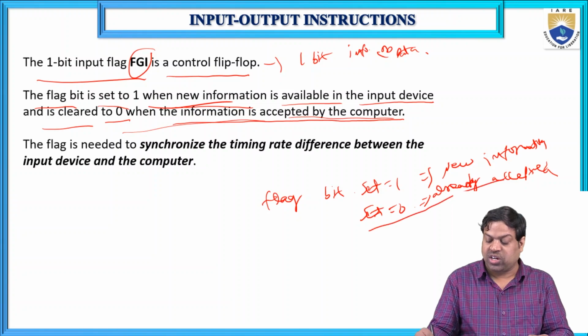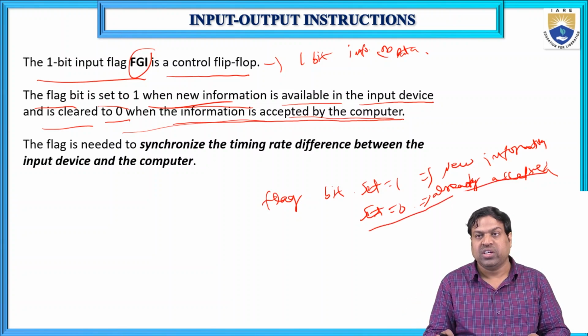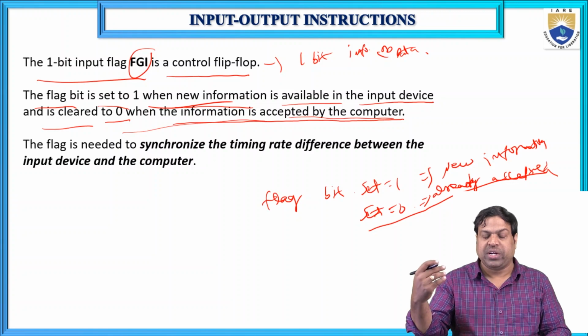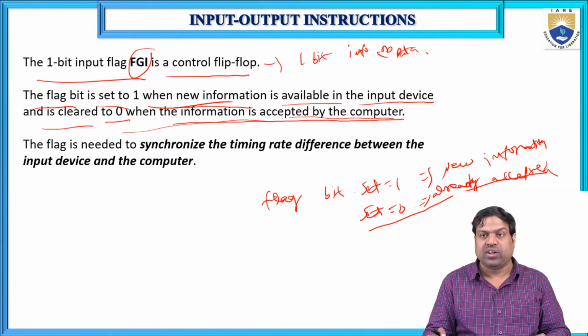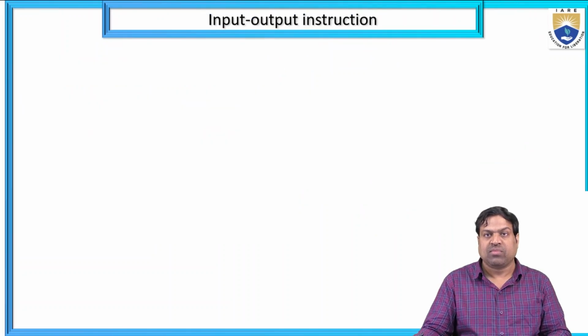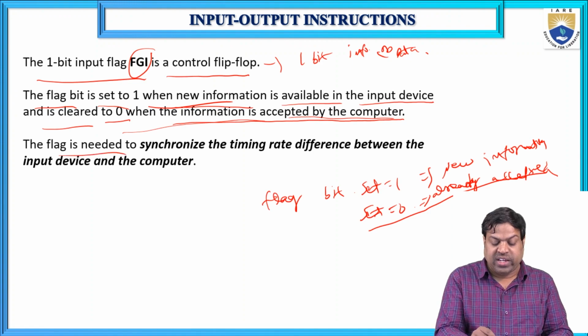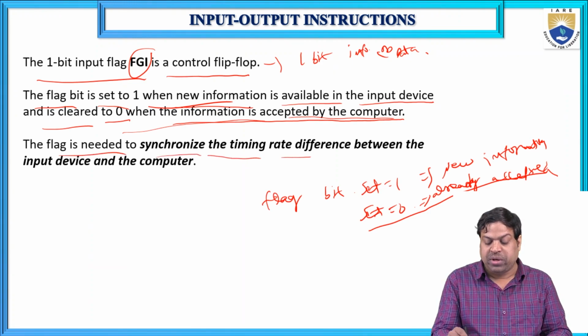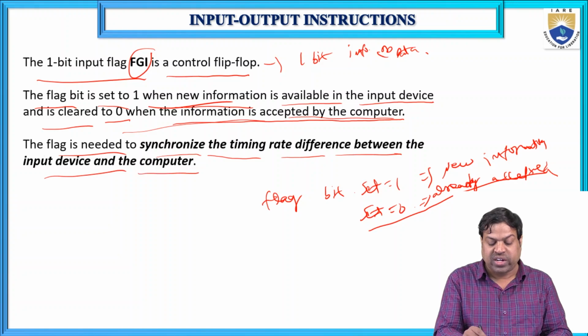So set to 0 means already accepted, already the data is passed. Set to 1 means the printer has already given the output. Okay, now it is free. It will now take the new information, that is set to 1. Here the flag is needed to synchronize the timing rate difference between the input device and the computer.